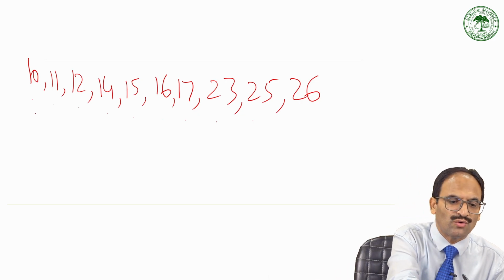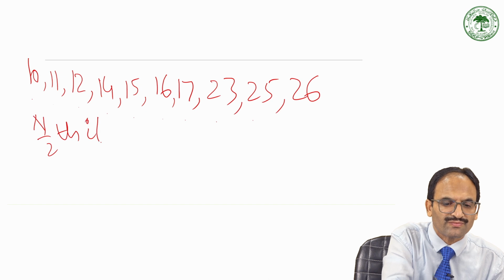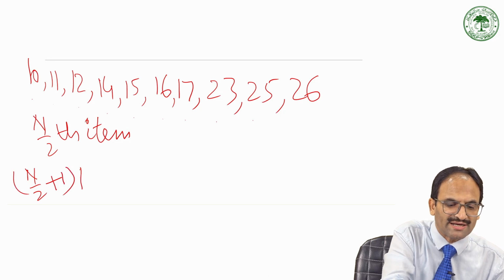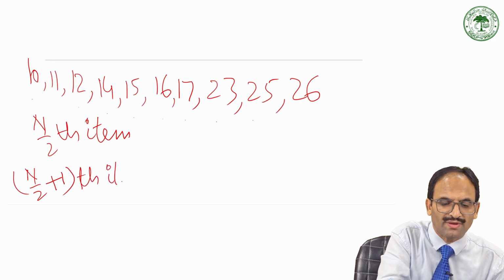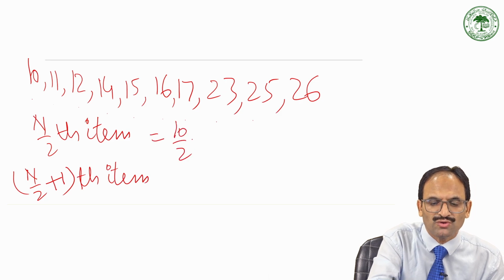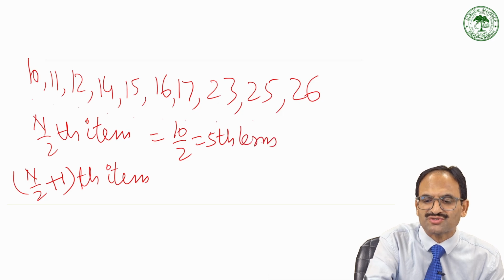Now, find out n by 2th item. Then find out n by 2 plus 1th item. So, n by 2, that is 10 by 2, that is 5th item, 5th term, whatever you say.